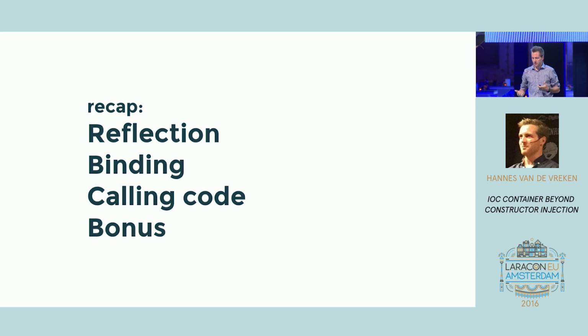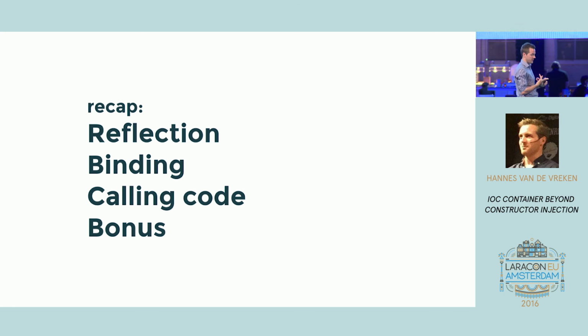So as a quick recap of my presentation, this is nearing the end. I talked about reflection, how the IoC container uses reflection to see what the type hints are of the constructor, and then it will recursively try to new up all those instances and inject them into the consecutive constructors.